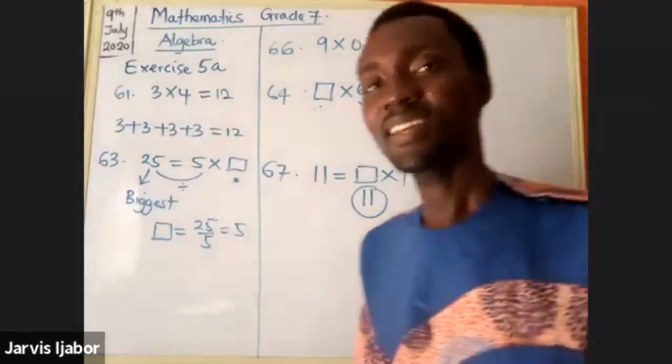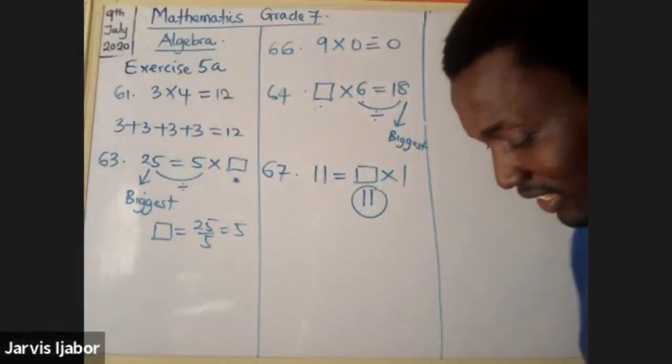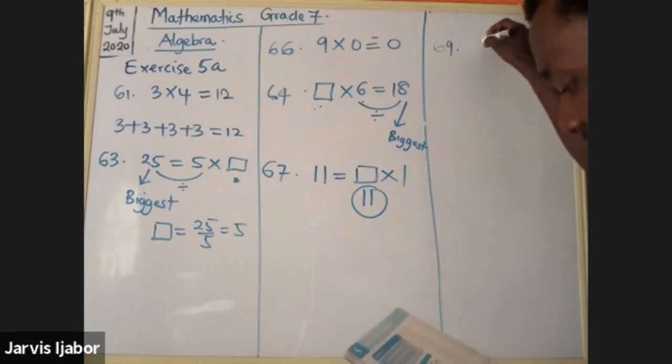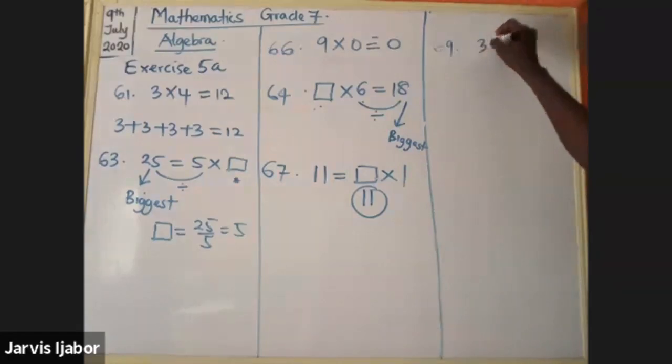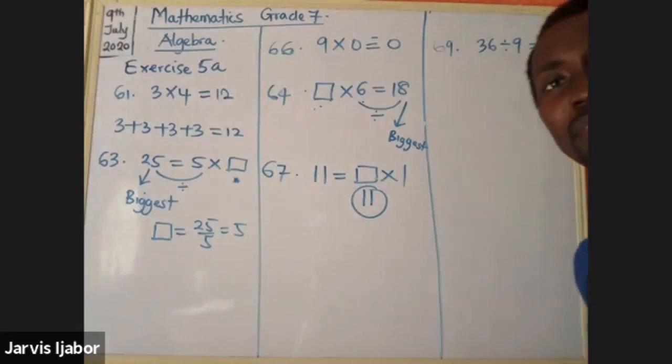All right. Now let's look at the ones that have to do with division. Now look at 69. It says 36 divided by 9. What's it equal to?